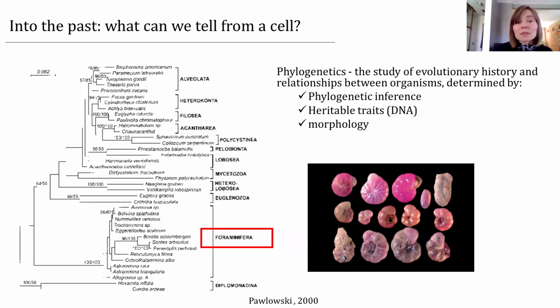Here you see one of the earliest, a pretty early phylogenetic tree of foraminifera, placing them very close to some amoeba or amoeba-like organisms.